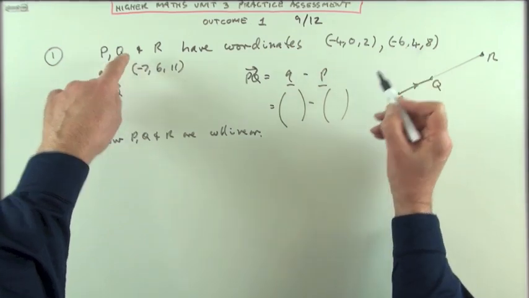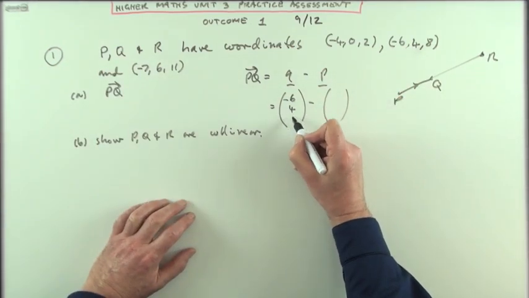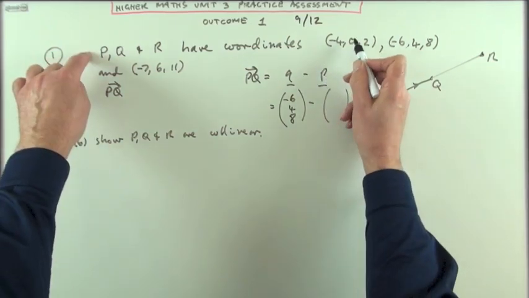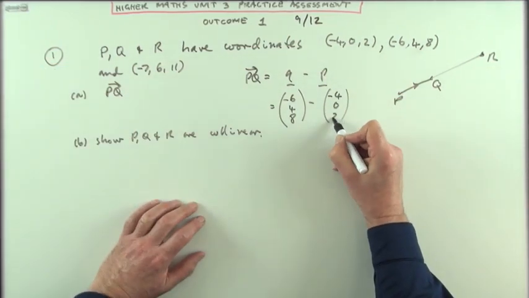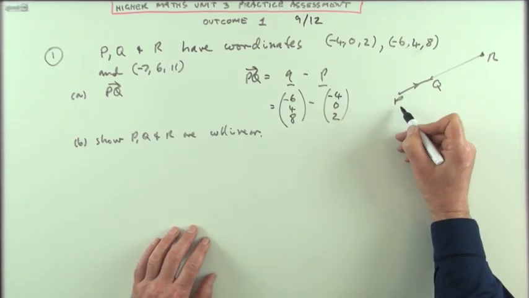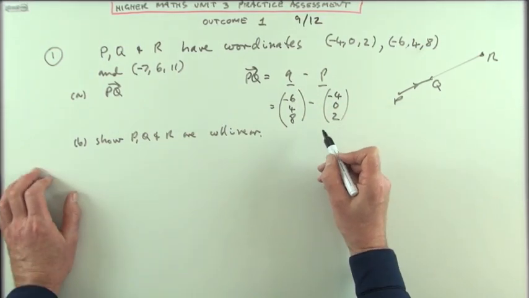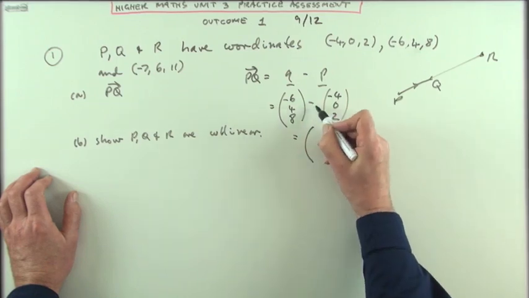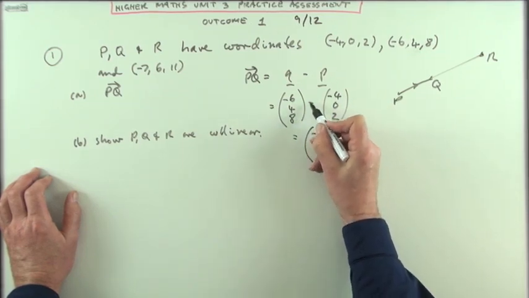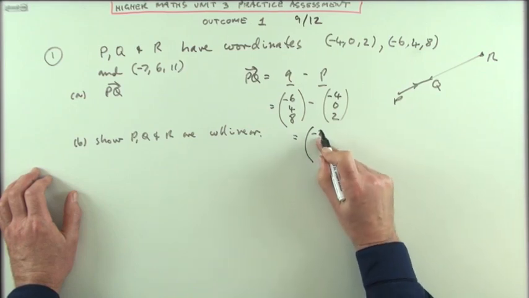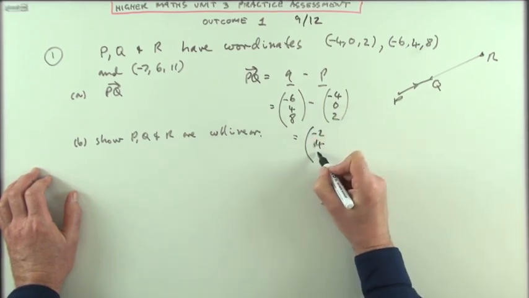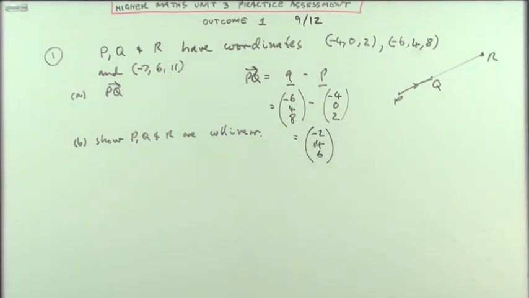So Q is the second one here, negative 6, 4, 8, and P is the first one here, negative 4, 0, 2. If of course you'd taken time to put the numbers down in this diagram, you would need to do that really. Which gives you negative 6 plus 4 is negative 2. 4 take away nothing is 4. Oops. And 8 take away 2 is 6. That would be the first mark.